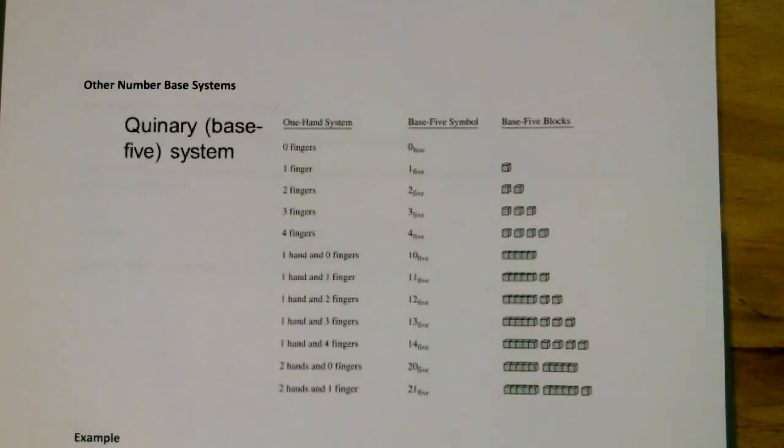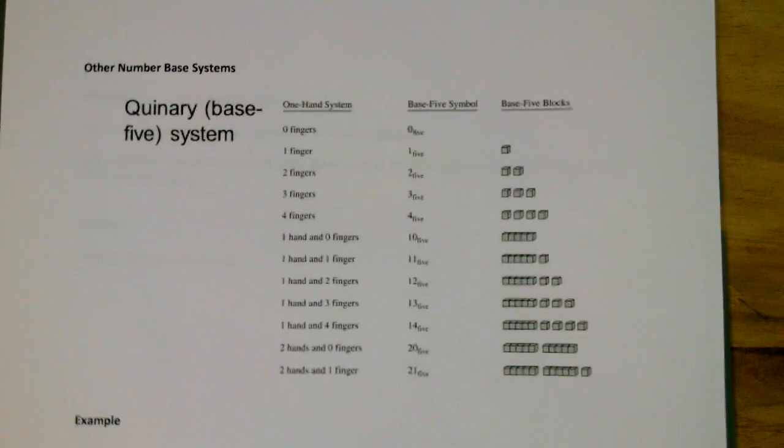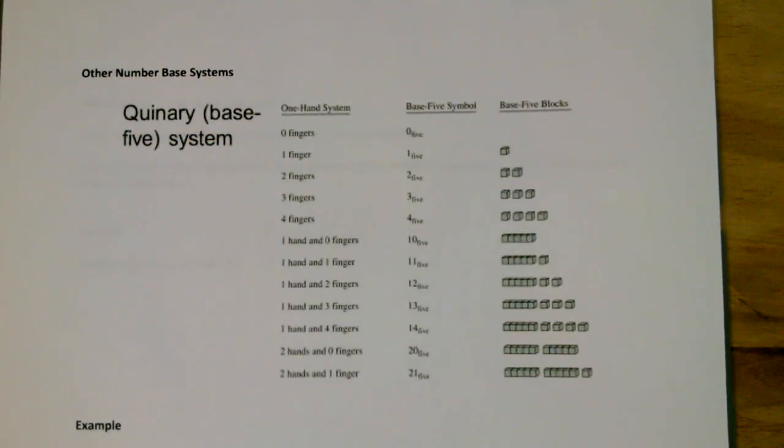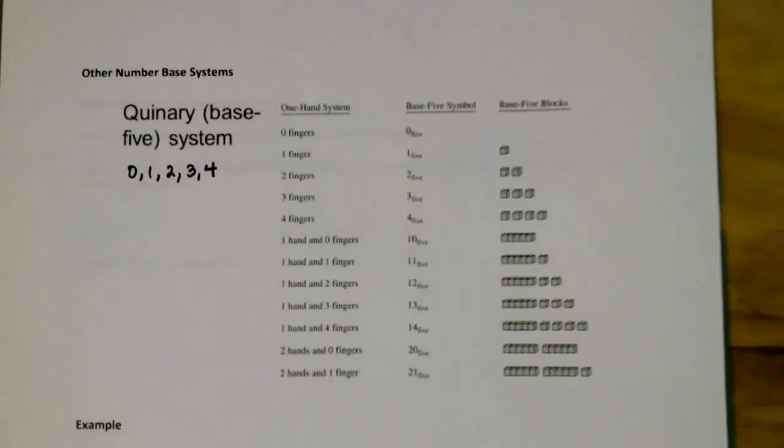All right, on the next page are other number-based systems. And one of them is the quinary or the base 5 system. Because here in the quinary or base 5 system, we use these numbers 0, 1, 2, 3, and 4. That's it.